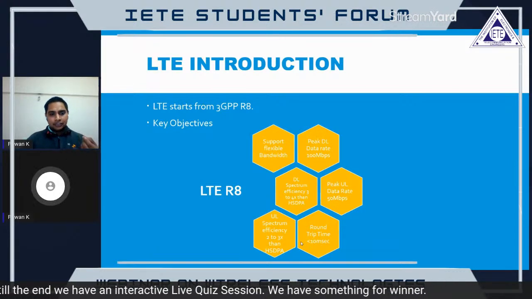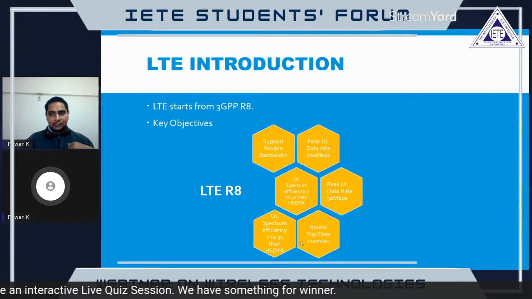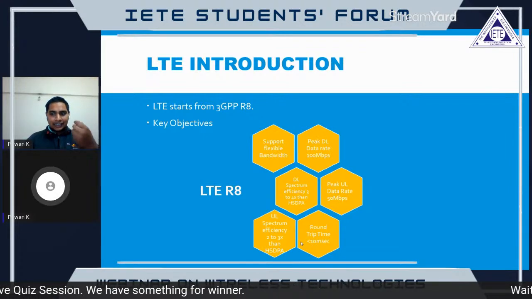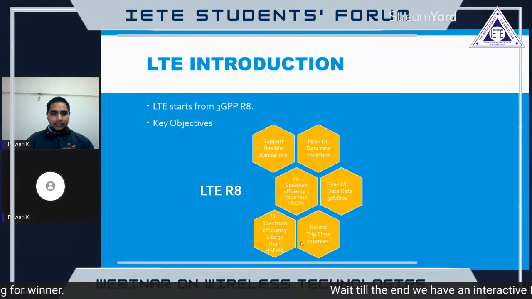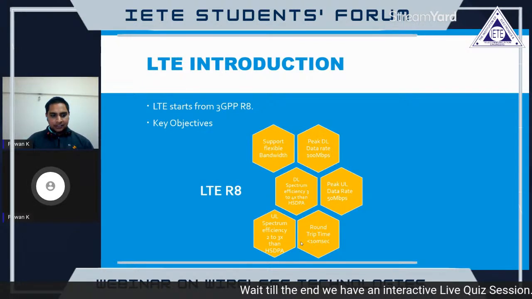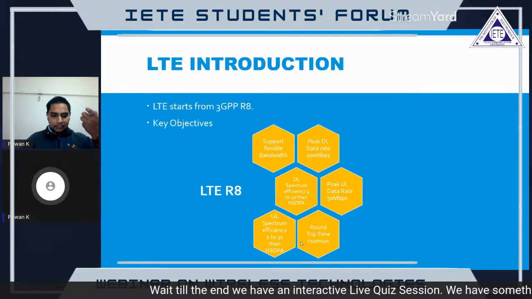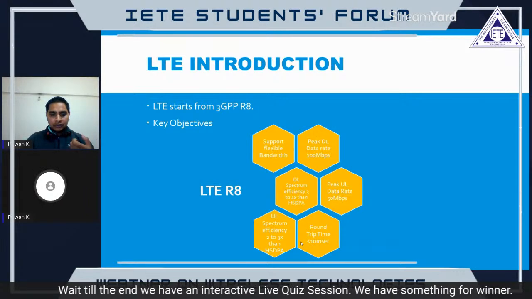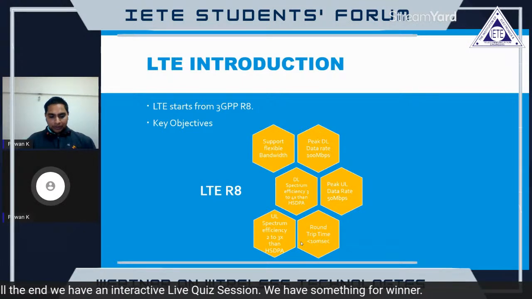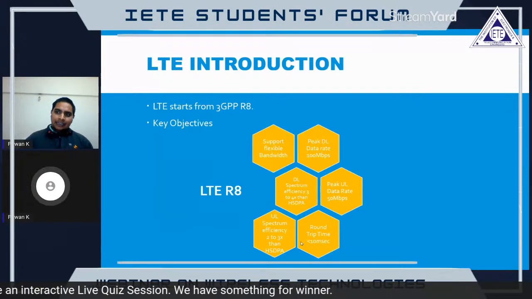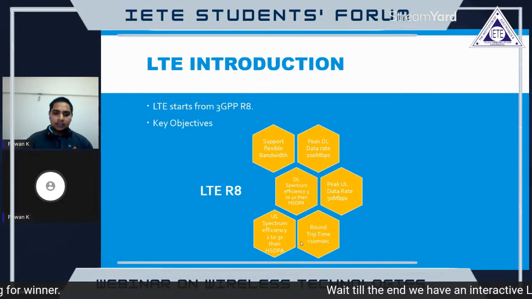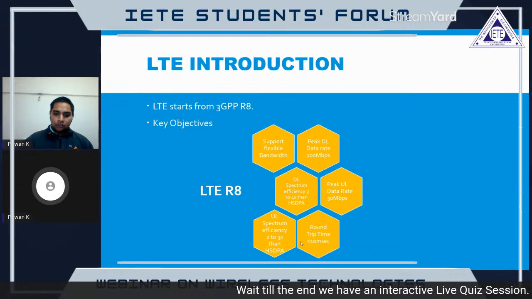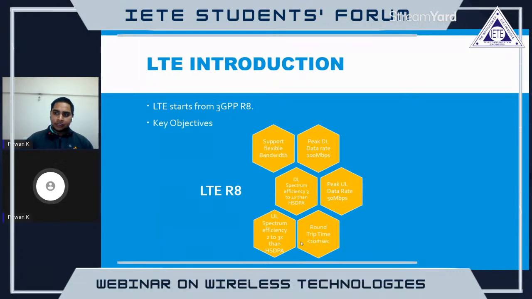So you browse, the network sends the information. How fast it happens will depend upon the round trip time. The round trip time is the communication between the network and the phone in both ways. So in LTE, the round trip time is decreased significantly from 50 milliseconds to 10 milliseconds. Due to that, whenever you browse, you will quickly get the response from the network.